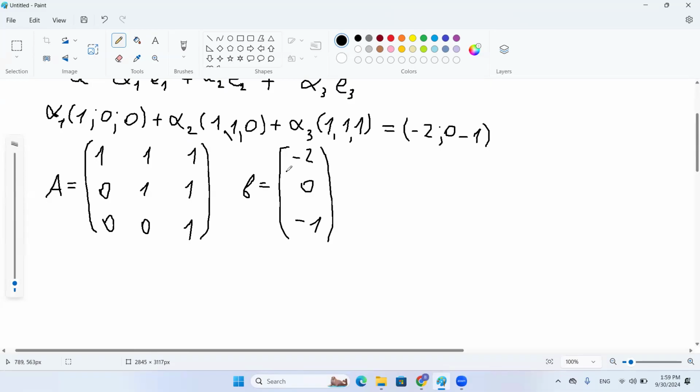Yeah, we change line B, not line, column B, with the first column. And so on. Now, do you want to use Cramer's formulas? Maybe we can make it a little bit simpler.